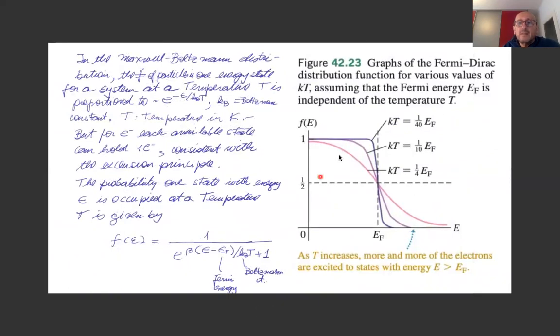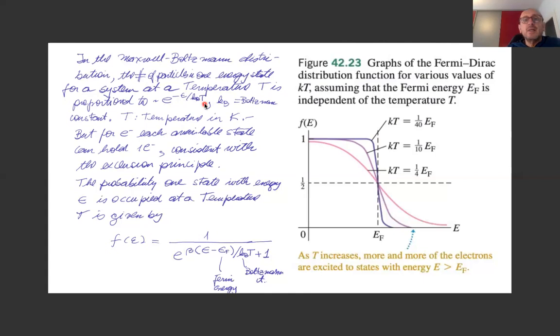This is the solution to the question, and let me try to motivate it here, because I'm not going to be able to go through all the math to get to this expression. But let's say in the Maxwell-Boltzmann distribution, the number of particles in one energy state of a system at a temperature T is proportional to e to the minus E over kBT.